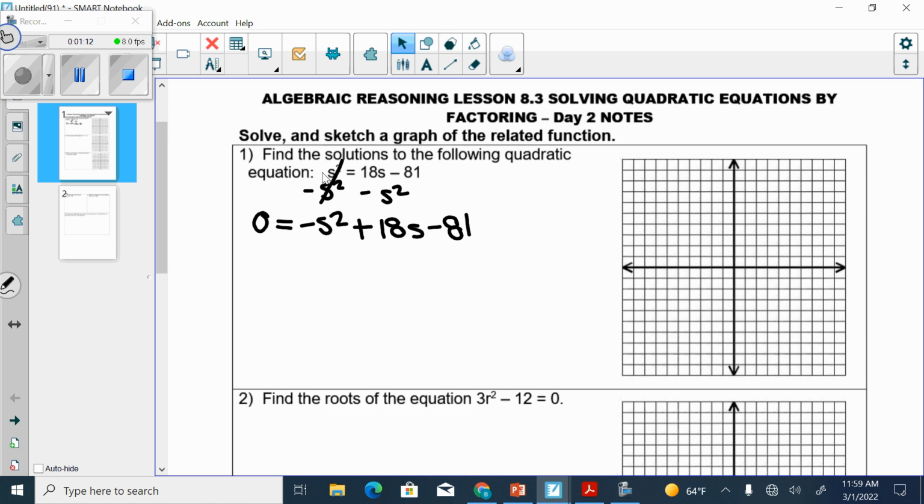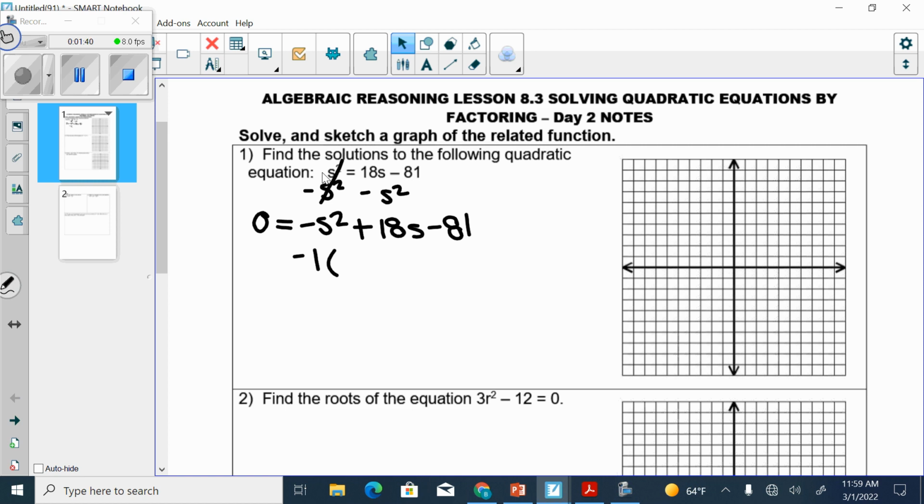Now we have everything on one side of the equal sign. We can go ahead and factor. What do we look for first? GCF. What am I going to need to take out here? A negative. Very good. So I'm going to take a negative 1 out of this side of my equation. If I take a negative 1 out of negative s squared, what's it going to become?